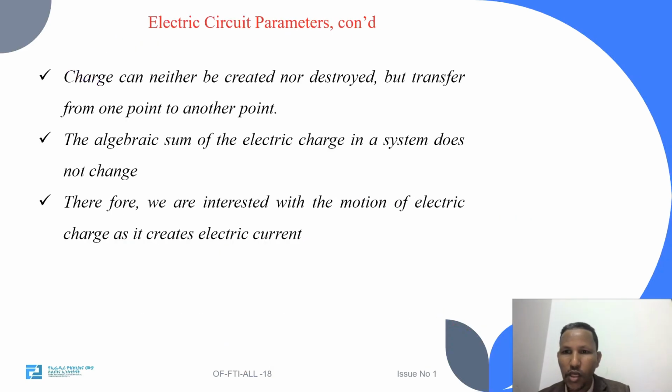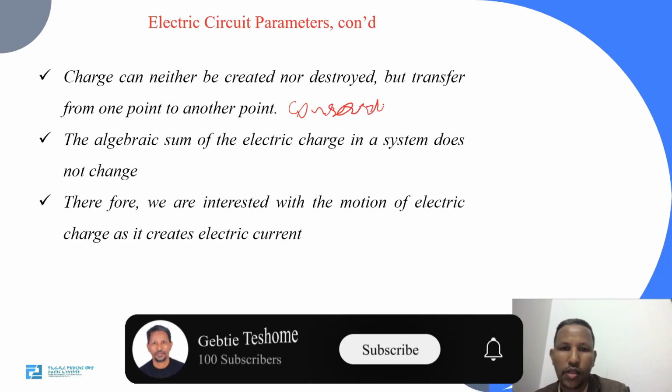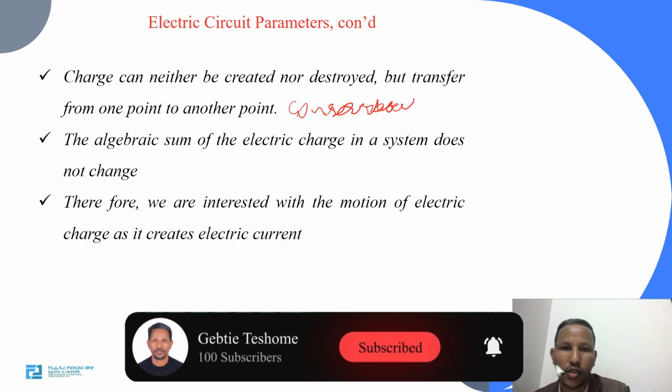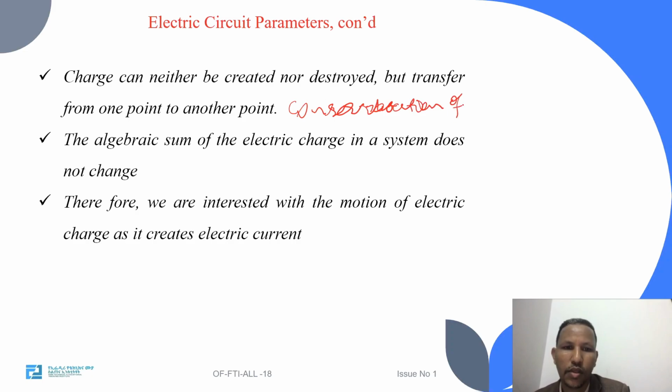Charge can neither be created nor destroyed, but only transferred from one point to another. This is known as conservation of charge. The algebraic sum of the electric charge in a system does not change.